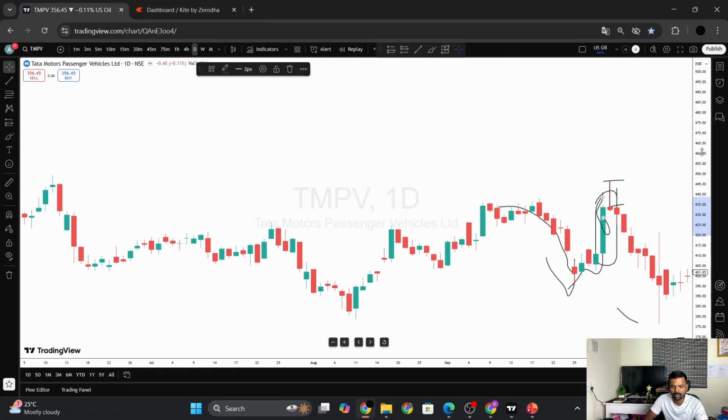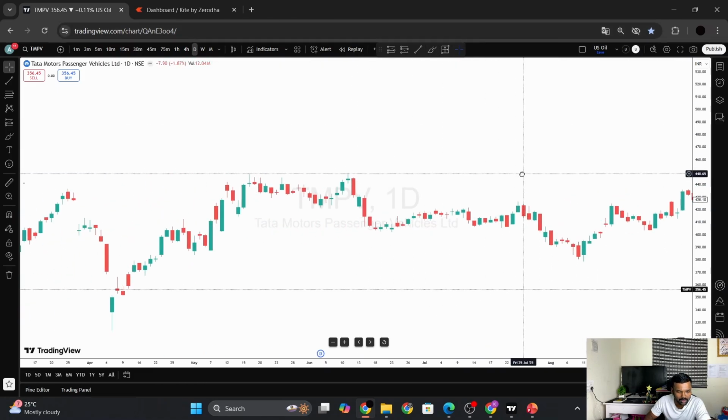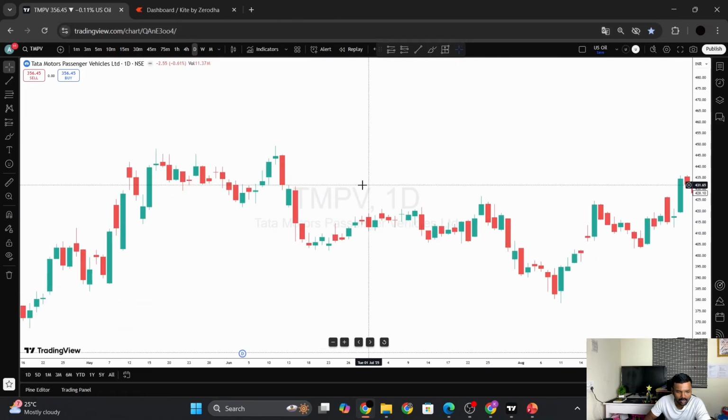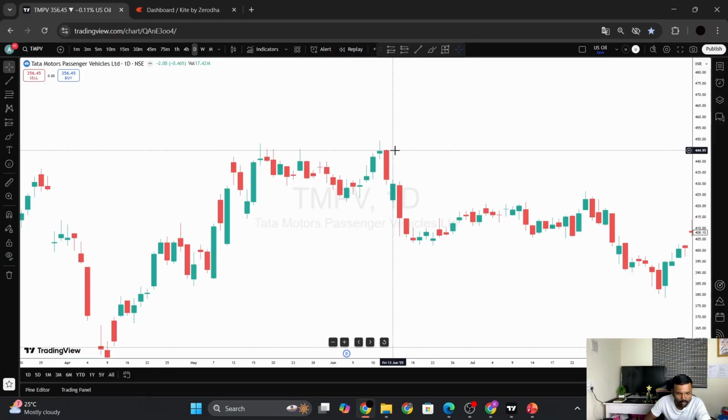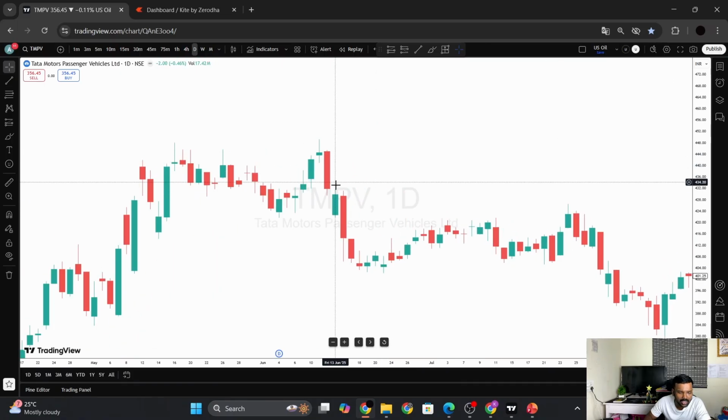Okay, I will show you in the chart. You see here, when there is no wick at the top and the bottom, that is called marabozu. So this is a bearish marabozu candle, because a lot of selling has happened here.